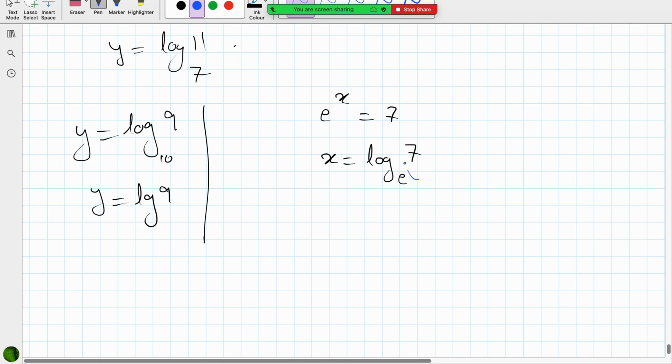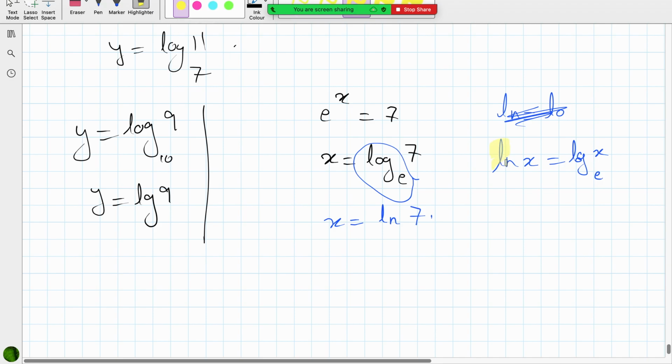These are the two standards, one of base 10 and one of base e. We can write ln 7. You'll find that button on your calculator. ln x is equal to log x to base e. So this is ln x. This is just ease of writing.